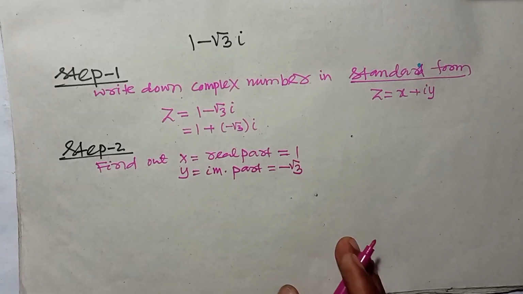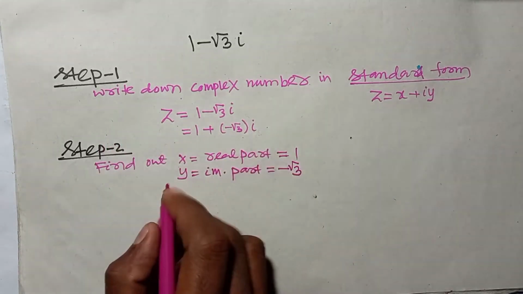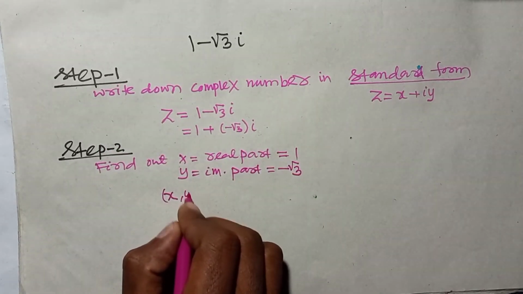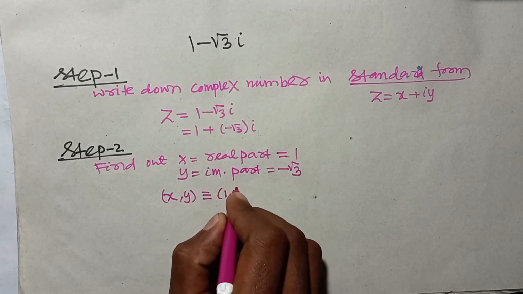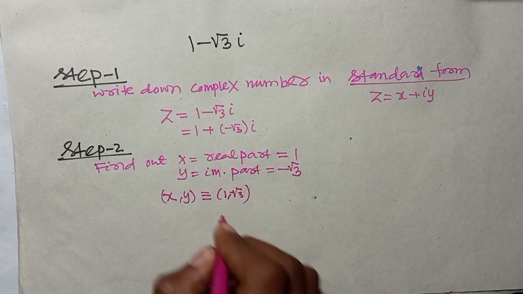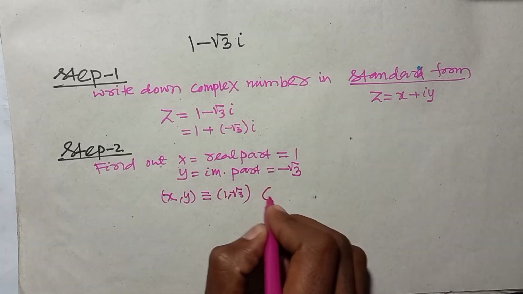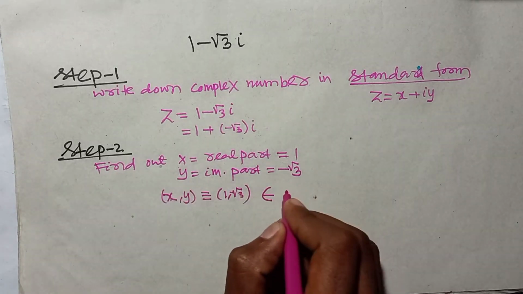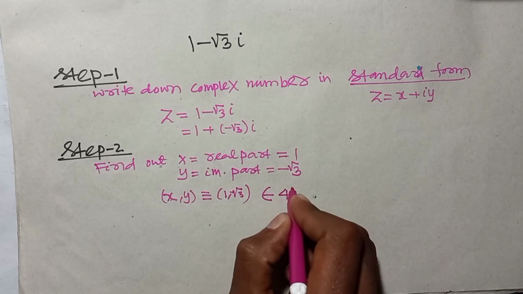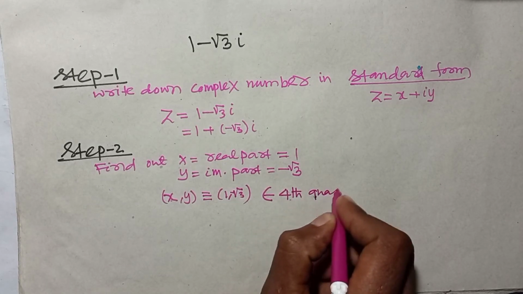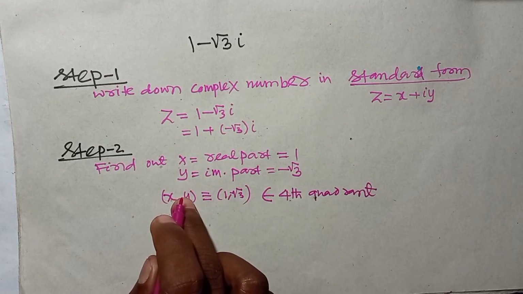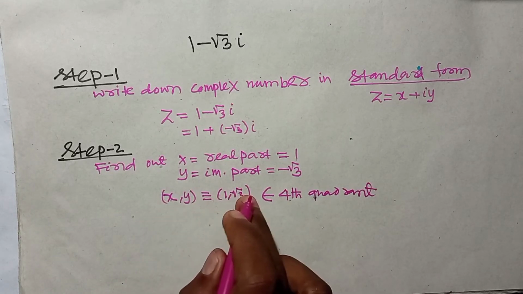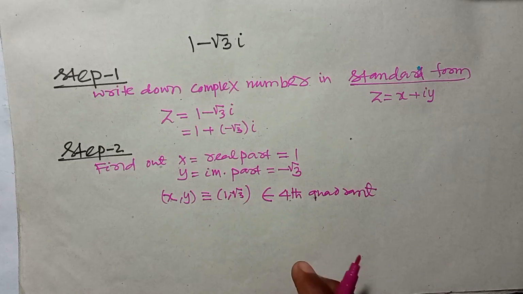Also you have to find out the point corresponding to x, y. Here the point is 1 comma minus root 3, and this point belongs to the fourth quadrant, since x is positive and y is negative.